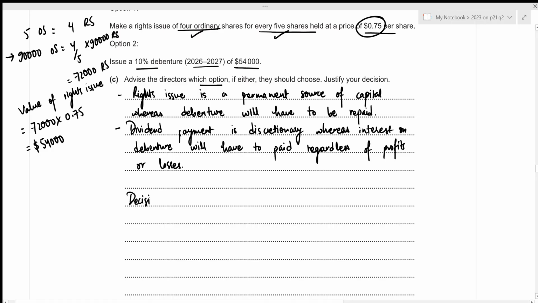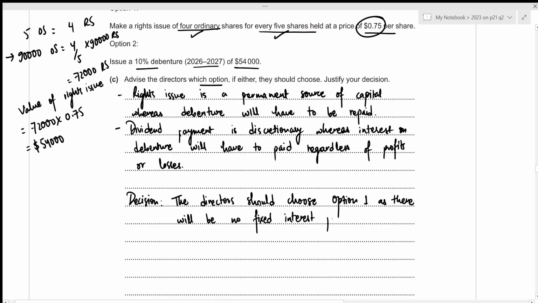So the decision is that the directors should choose option 1, as there will be no fixed interest payments which could reduce our profit. Alright, that is all for the second question.